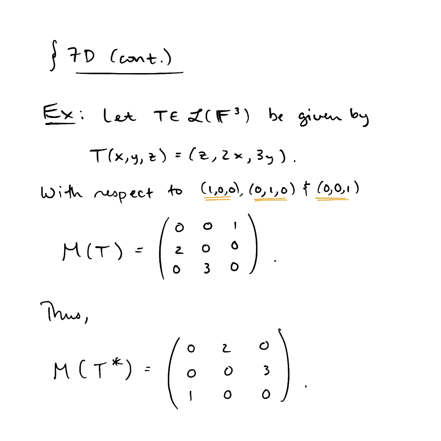Now, just with your eyes, you look at those two matrices and you say, well, those aren't the same. So T is not self-adjoint. For sure, T is not self-adjoint. So your conclusion right here is T does not equal T star.